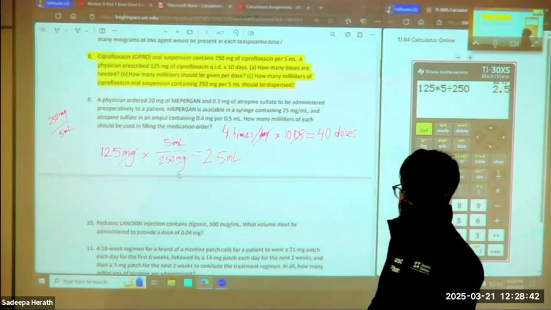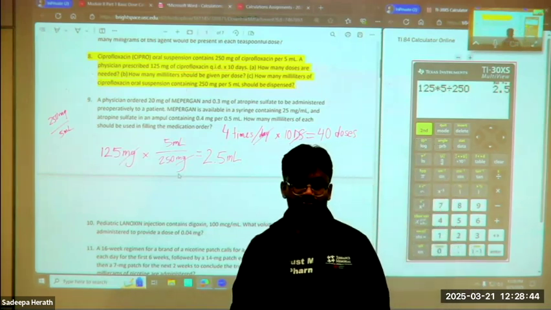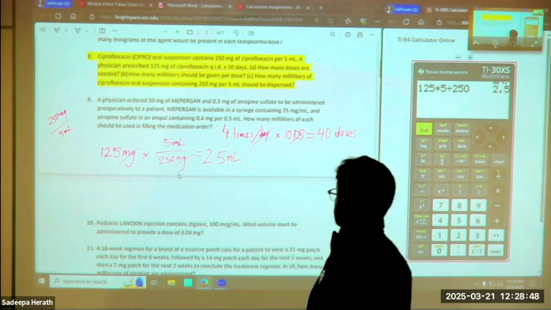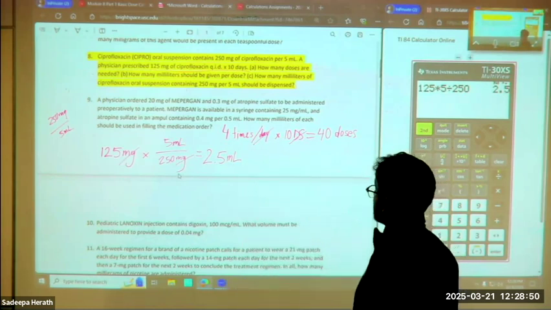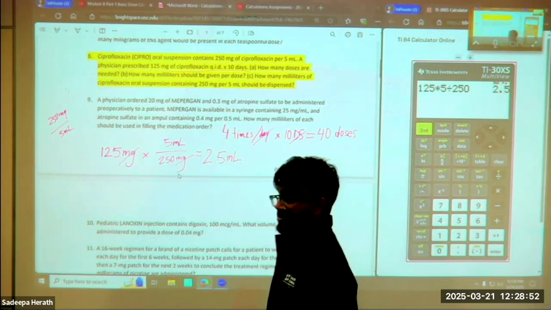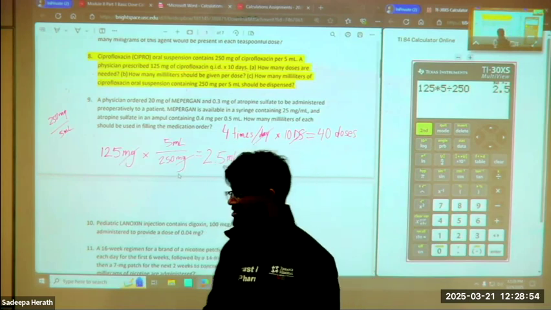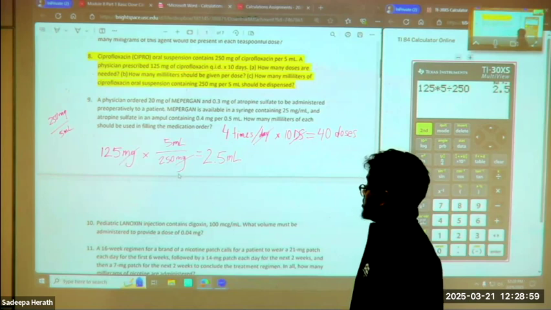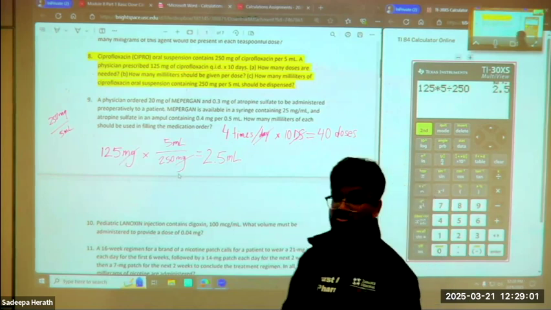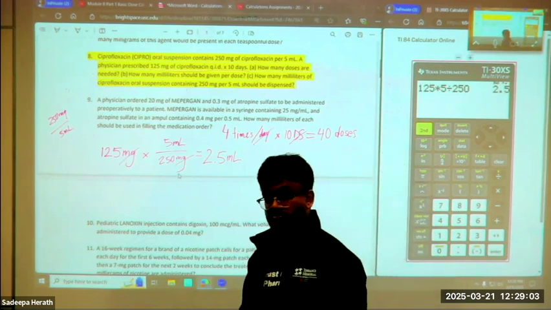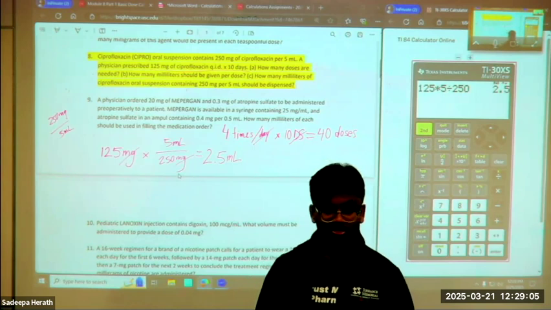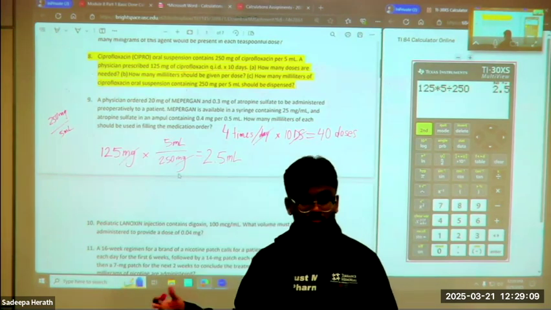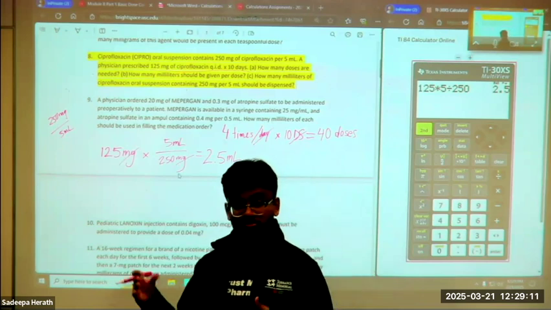Now, what's a way to save 30 seconds of writing for this question? It takes 5 ml to have 250 milligrams of ciprofloxacin. They're asking for 125 milligrams. 125 milligrams is half of 250, which then logically means you would need half of the total solution.